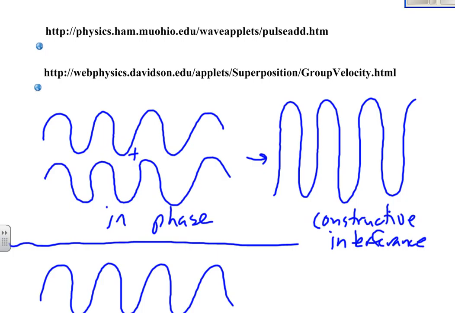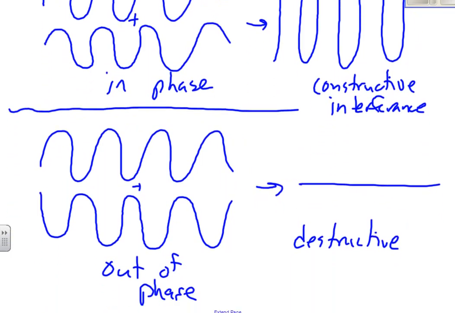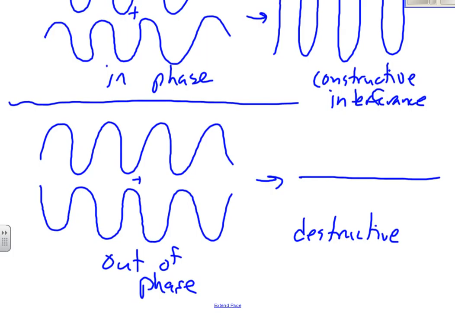Again, when those waves are in phase, in the top picture here, you're going to get constructive interference and you're going to amplify the magnitude of that function. If the two waves are out of phase, then you're going to get destructive interference and you'll get canceling out of the magnitude of that function.